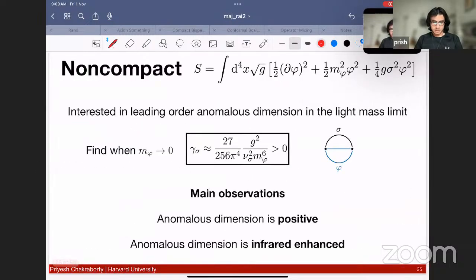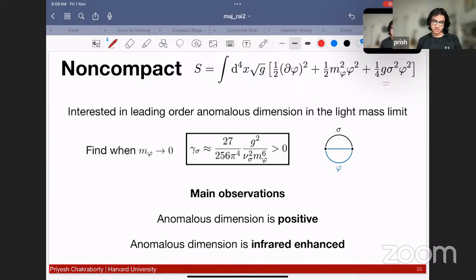So let's do the non-compact scalar first. As an example, we'll just couple it to sigma through a quartic vertex. It's a leading order coupling, and we can just calculate what the decay width is going to be.